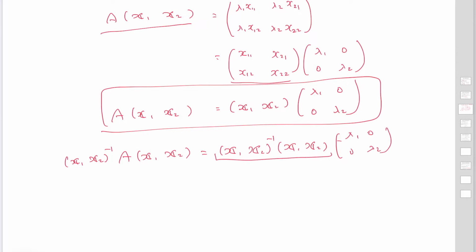This becomes a unit matrix, 1 0 0 1, so it becomes lambda sub 1, 0, 0, lambda sub 2.